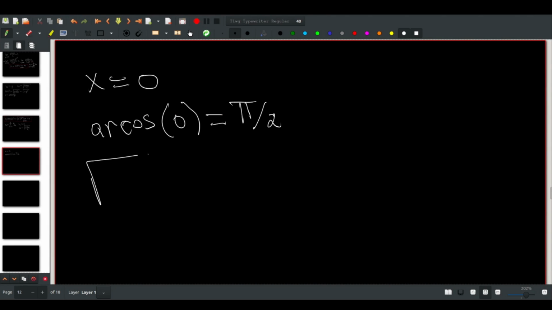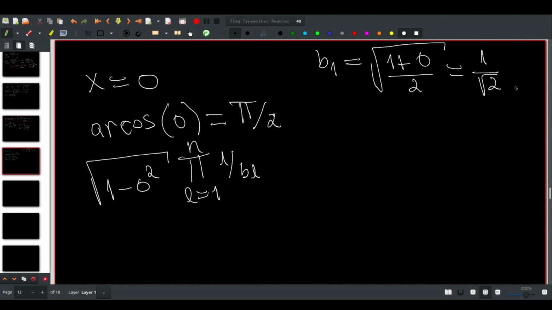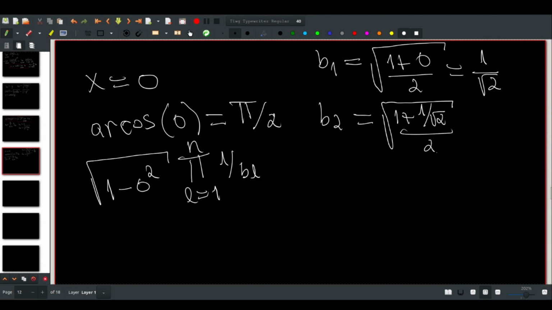And also we can evaluate the right-hand side of the equation. We get the root of 1 minus 0 squared times the product from L equals 1 to n of 1 over B_L. Right, so we know B_0 is 0, B_1 is the square root of (1 plus 0) over 2. This is 1 over root 2. B_2 is going to be equal to the square root of (1 plus 1 over root 2) over 2.